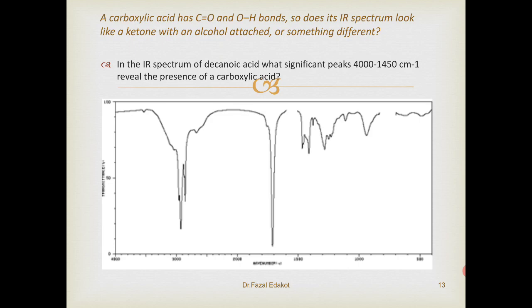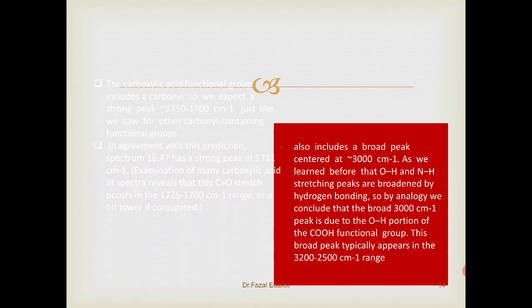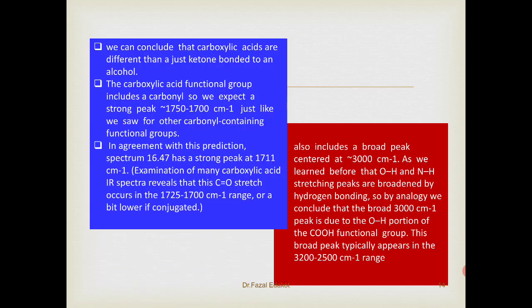A thoughtful question: in the IR spectrum of decanoic acid, what significant peak in the 4000 to 1450 per centimeter range reveals the presence of a carboxylic acid? You need to observe the spectra. You have seen the spectra of alcohol, you have seen the spectra of ketone. So here we can conclude that carboxylic acids are different from just a ketone bonded to an alcohol.